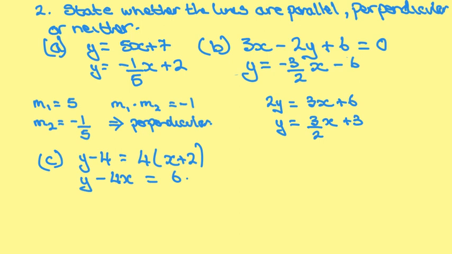So the gradient m1 is equal to 3 over 2. The second line is already written as y equals mx plus c. So m2 is equal to minus 3 over 2. Well, it's not the negative reciprocal and they're not the same, therefore neither.